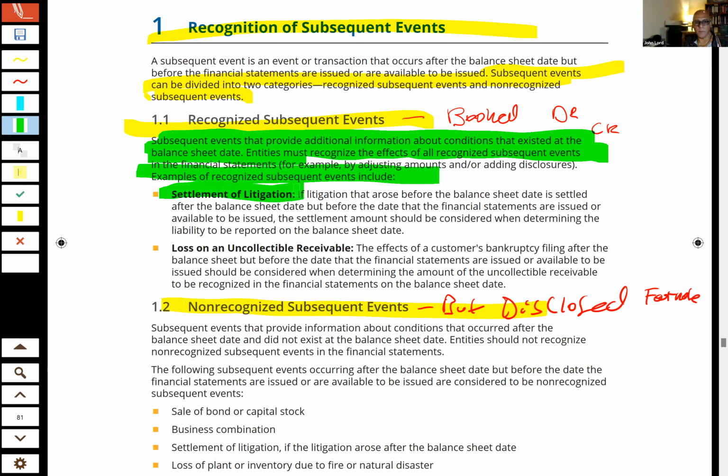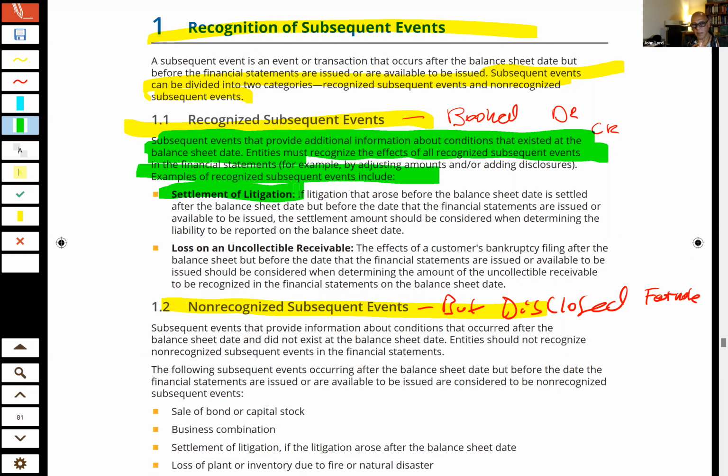Let's say there's a lawsuit and I am sued, and the date of the lawsuit is December 31st, just to make it the last day of the year. And what happens? I settle the lawsuit on January 31st, but the financial statements aren't going to be issued until February 28th.